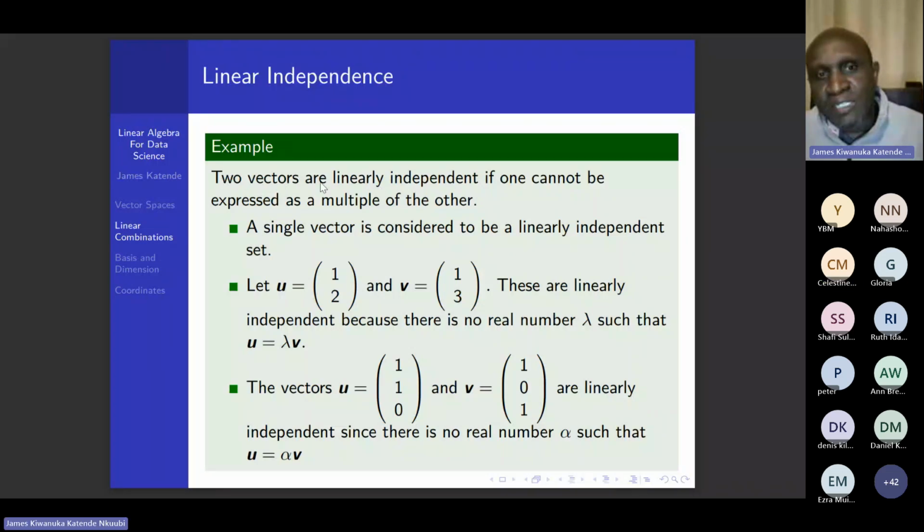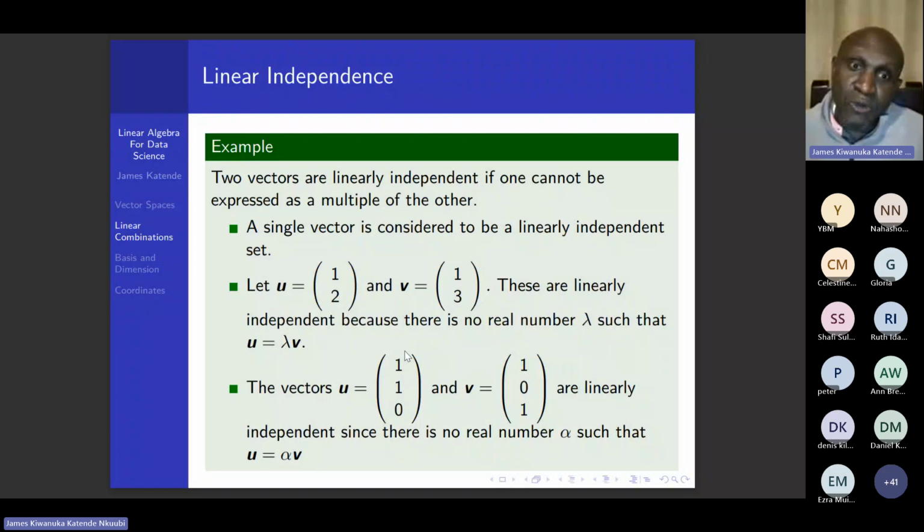Two vectors are linearly independent if it's not possible to write one as a multiple of the other. So for instance, if you consider this example, you have these two vectors, 1, 2, and 1, 3. It's not possible to find a number to multiply by V to get the vector U. If you try to solve that, you will see that there's no solution.